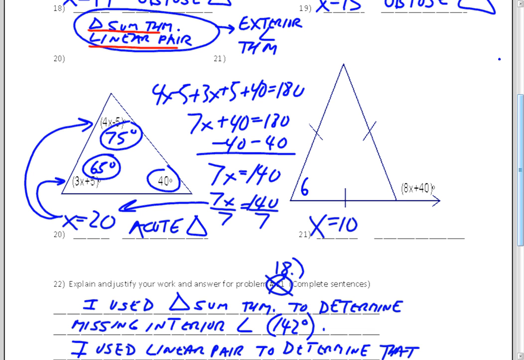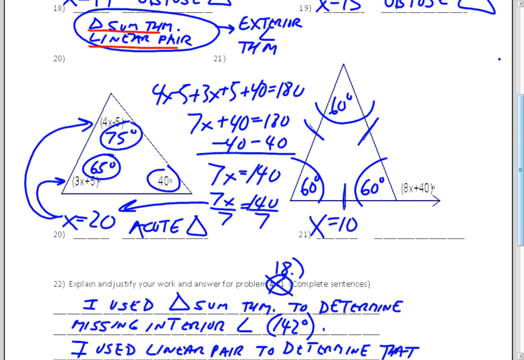So I'm assuming you got 60, 60, and 60. This is an equilateral or equiangular triangle. Does it look like it is? No, not necessarily, but if I've got 3 slash marks there, those are congruent, those are equal, which means that these angles are equal.